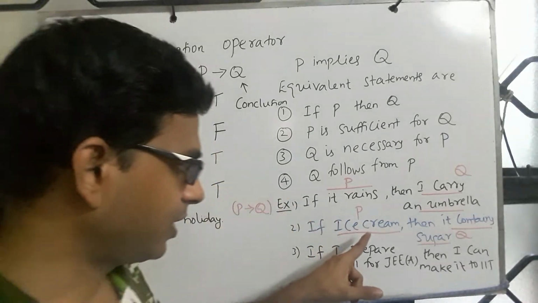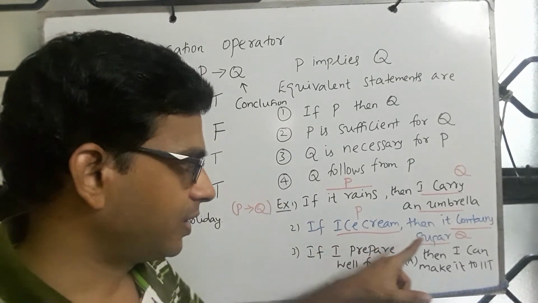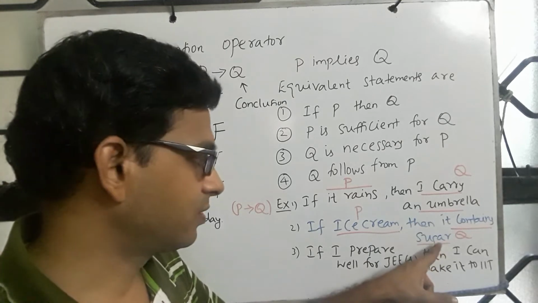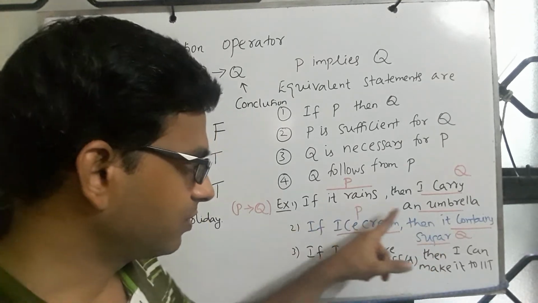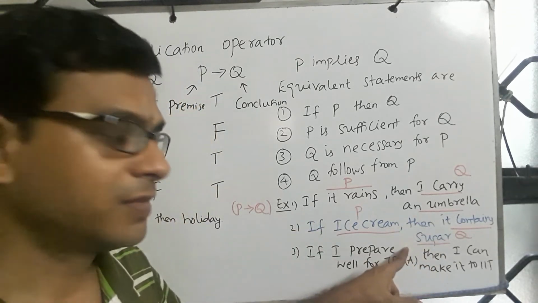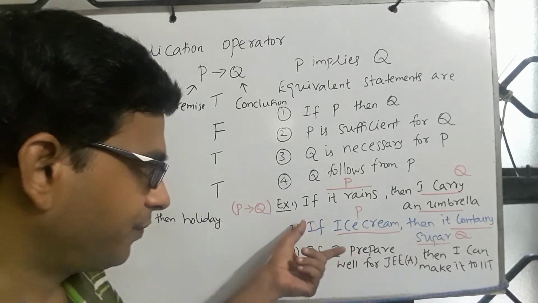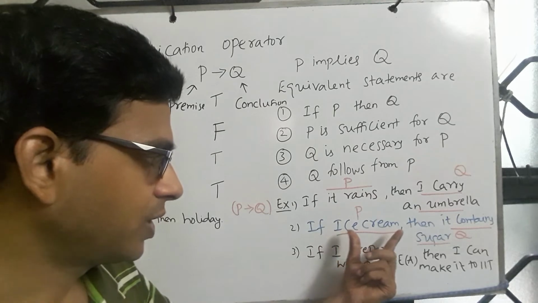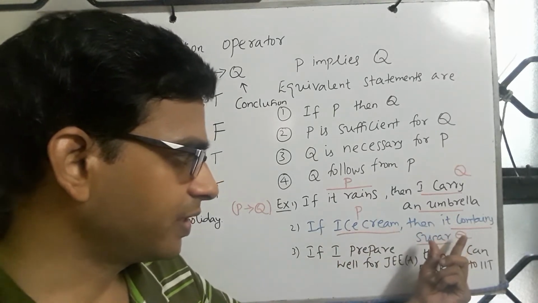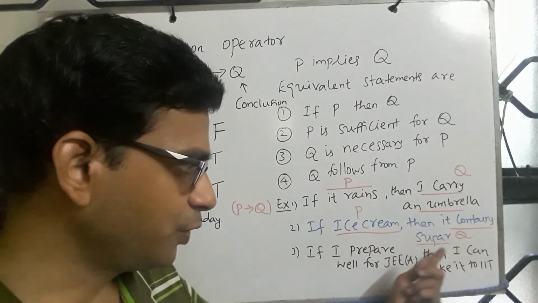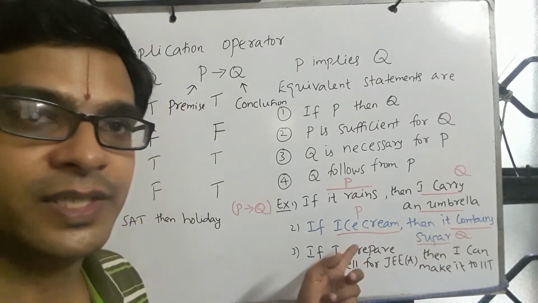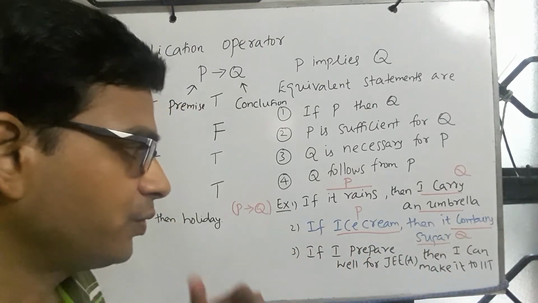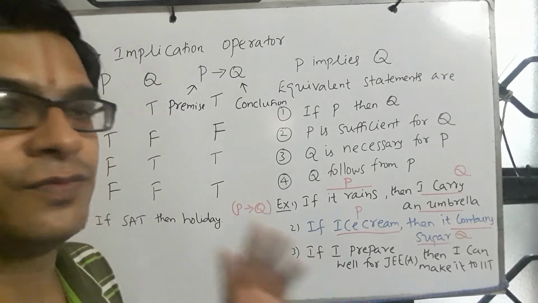So you find ice cream, but it doesn't contain sugar. Then this statement is not respected. Which means the truth value of this statement when ice cream is true and not containing sugar, meaning Q is false, then this statement is false. Truth value associated with this statement is false.